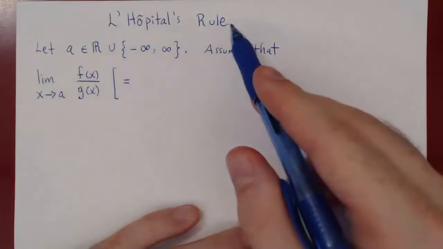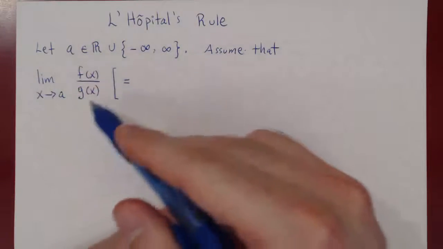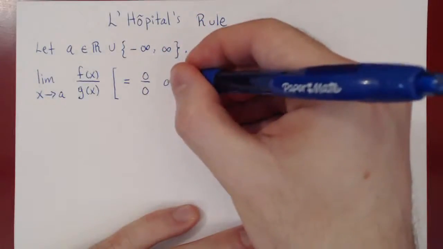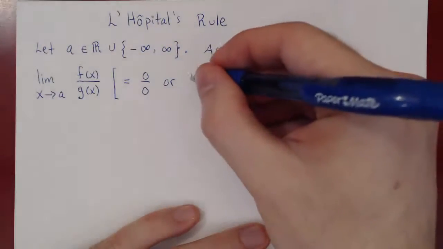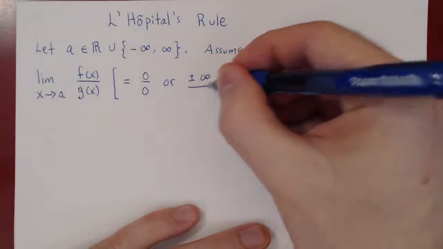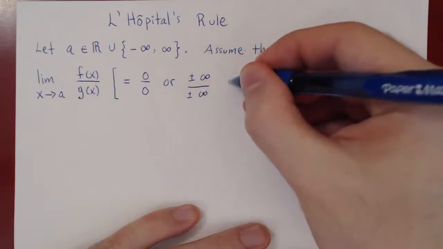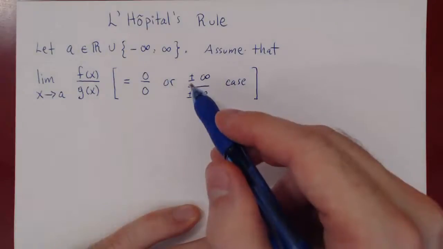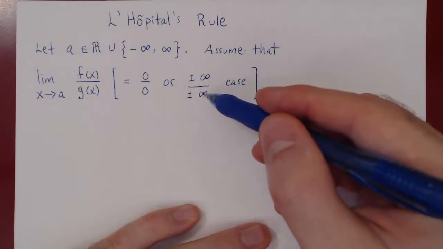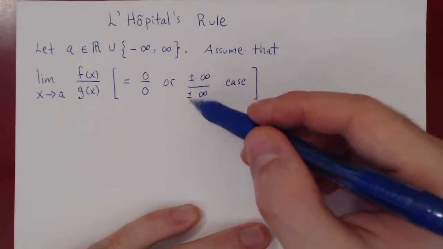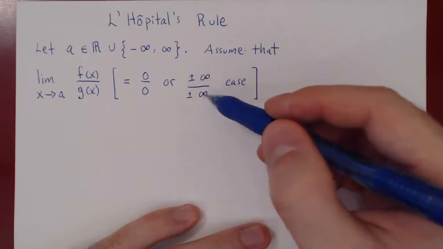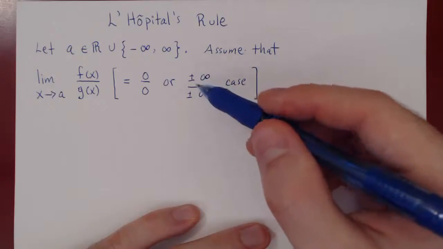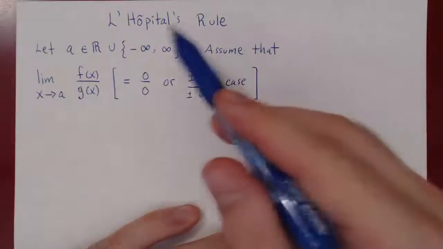To be able to apply L'Hôpital's rule, this must give either a 0 over 0 case, or it could also give a plus or minus infinity over plus or minus infinity case. And when I say plus or minus, I mean this could be positive over positive infinity, it could be negative over negative infinity, it could be positive over negative infinity, it could also be negative over positive infinity. The sign doesn't matter.